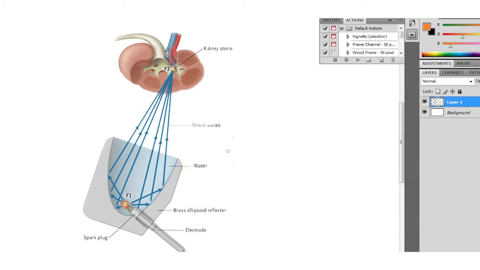To apply it in lithotripters, the shockwave generator or electrode serves as F1, while the point where the shock waves are concentrated and at the same time the location of the kidney stone serves as F2. The brass reflector, which has an elliptic shape in its opening, represents the ellipsoid within the lithotripter, making sure that the reflected ray is always reflected to the kidney stone.